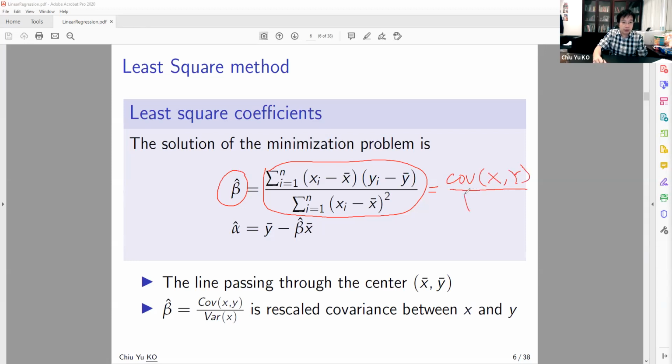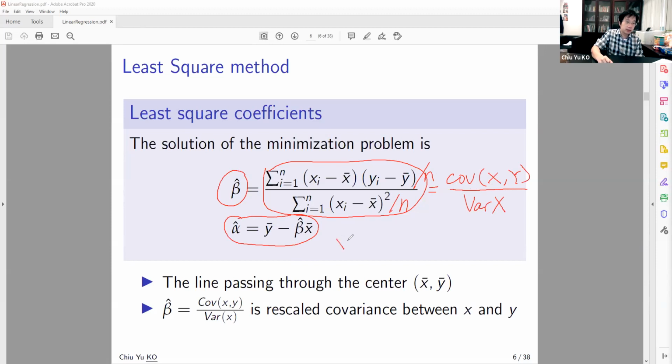And this can be written as variance x, because you can divide both sides by n, or n minus 1, depending on whether you prefer the sample version or the population version, okay? And notice that this alpha can be given by this formula, okay?